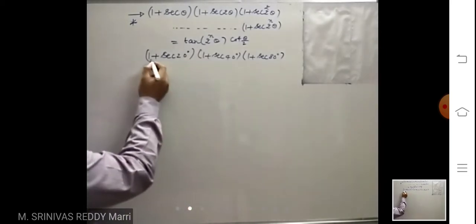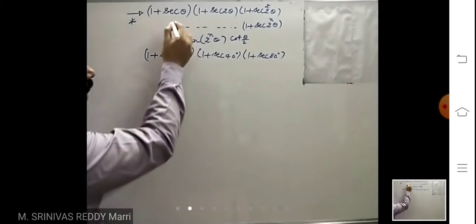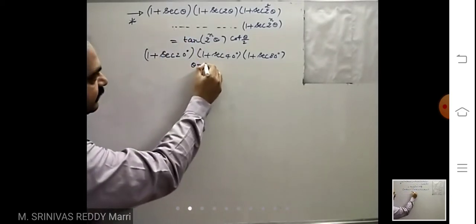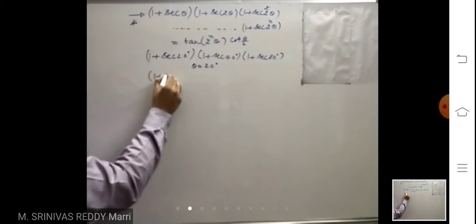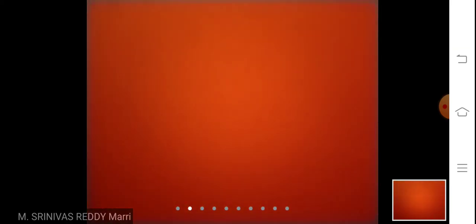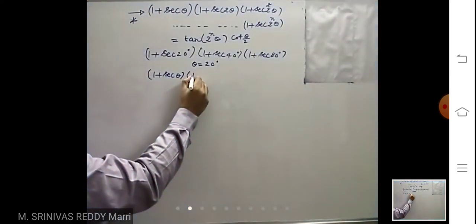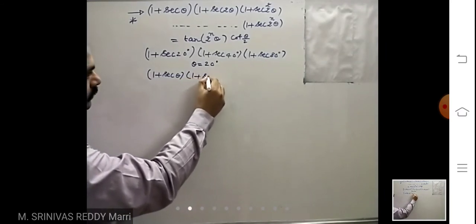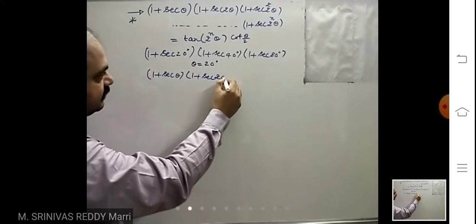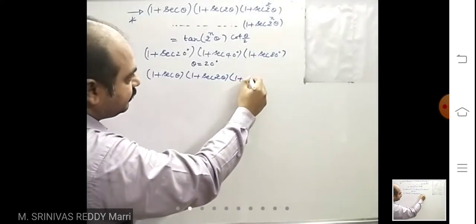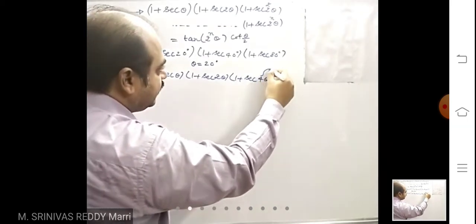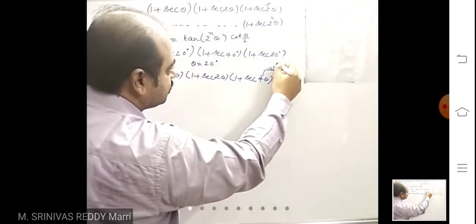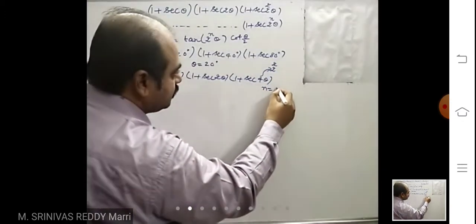So if you look at here, for using that formula, take theta equal first one theta. 1 plus secant theta, 1 plus secant 2 theta, 1 plus secant 4 theta. So last one is what? 2 square. Therefore n equal to 2.